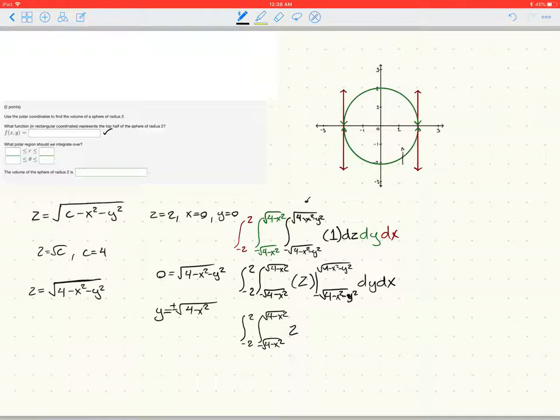Simplifying that would get us 2 square root of 4 minus x squared minus y squared, dy dx.